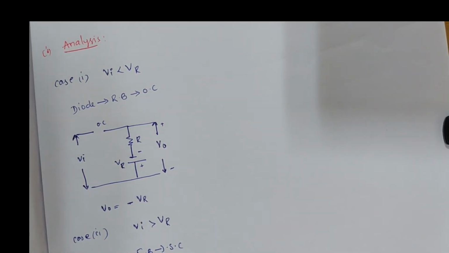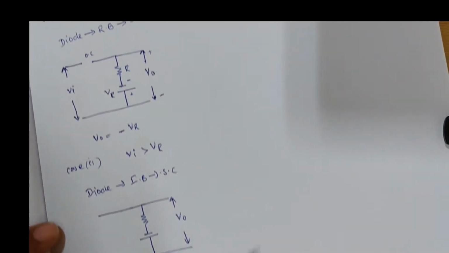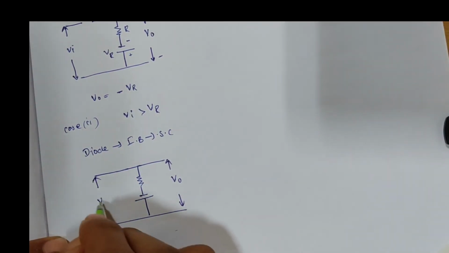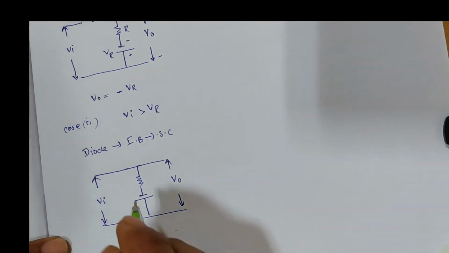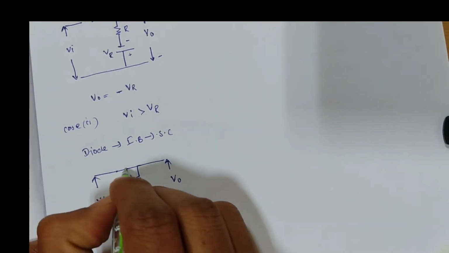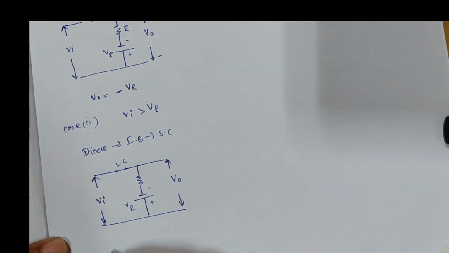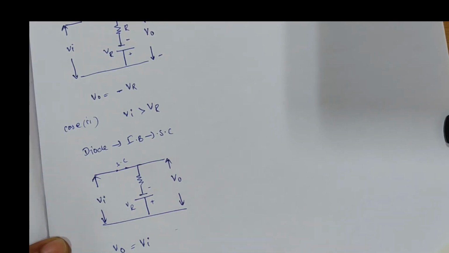This is V0, this is Vi. Now it is short circuited, so current is flowing here. So V0 equals whatever we applied as input. So V0 equals Vi.